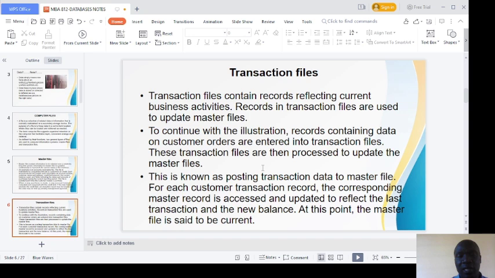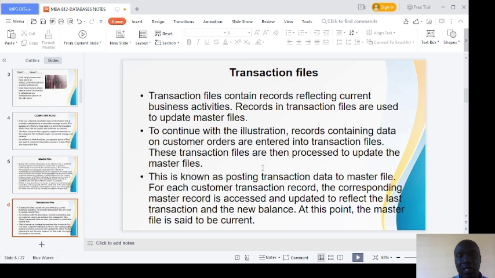Now let's look at each of the examples of file organizations. In serial organization, each record is placed in turn in the next available storage space. That's serial.